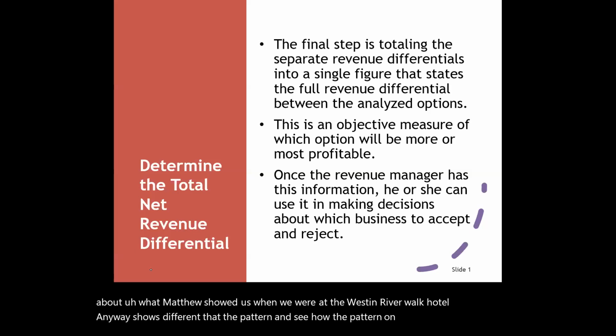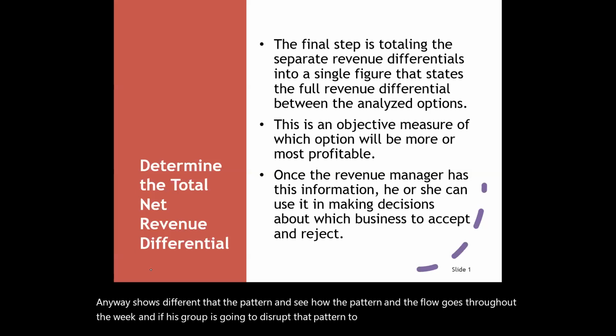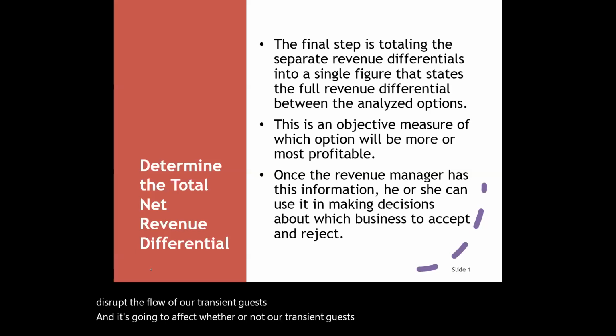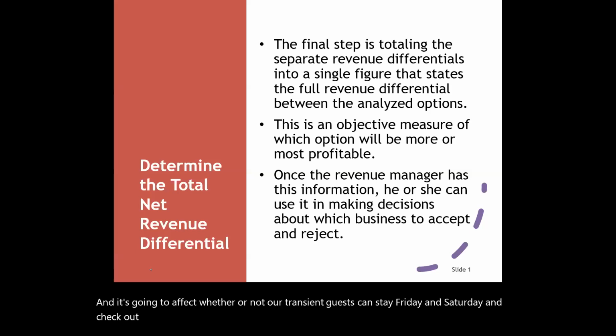And if this group is going to disrupt that pattern, to where, let's say the group wants to come in on Saturday and request too many rooms on Saturday, that's going to disrupt the flow of our transient guests. It's going to affect whether or not our transient guests can stay Friday and Saturday and check out Sunday. If we take on this group, then we may not want to take this group. It might mess up that flow.